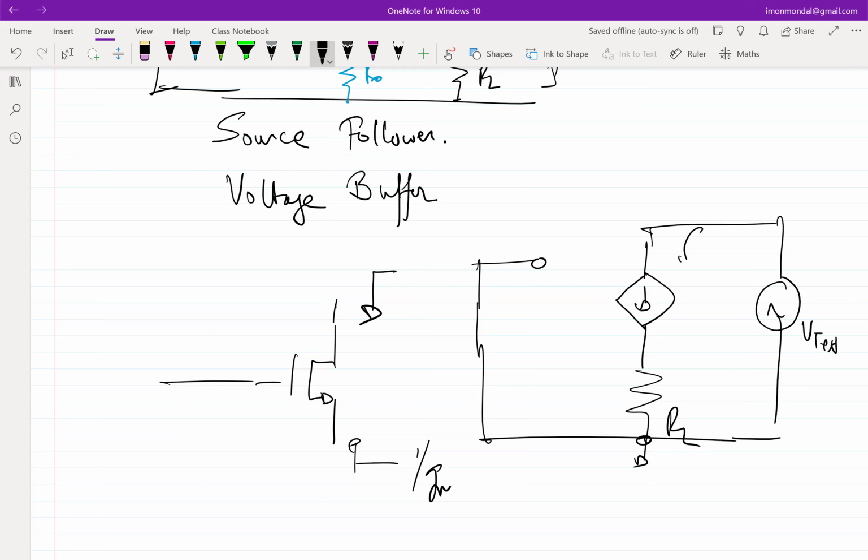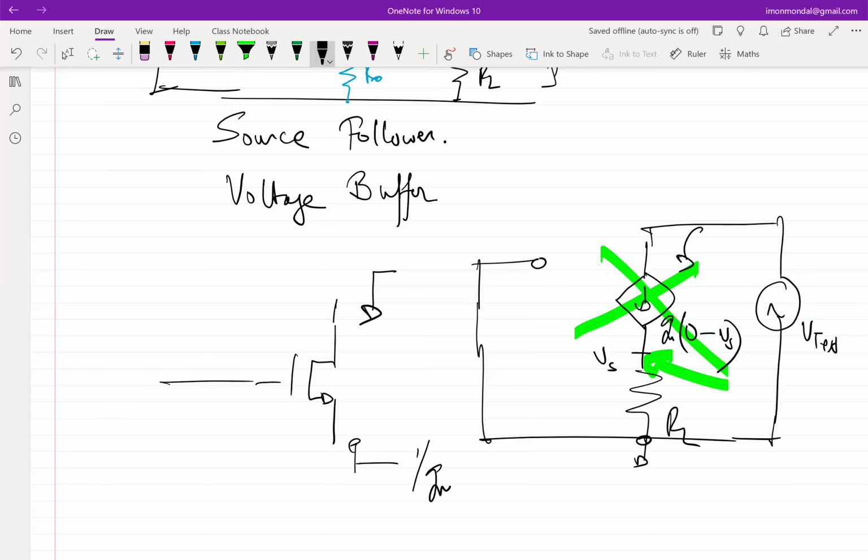Looking into the drain, this is gm times (0 minus Vx), right? So if you do a KCL at this node, what are you going to get? Vs to be 0, which essentially means that this doesn't exist.